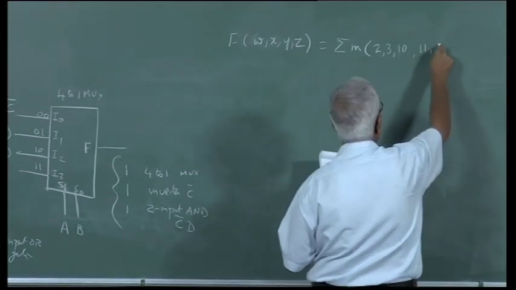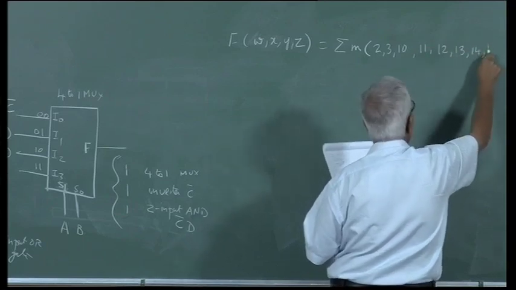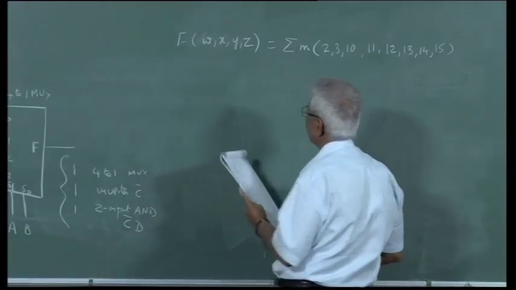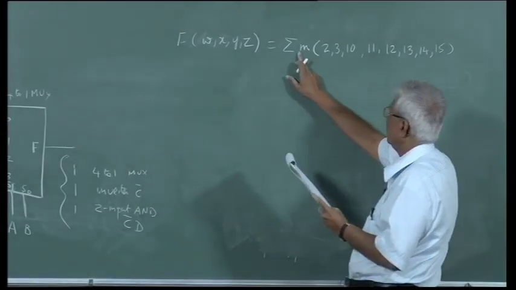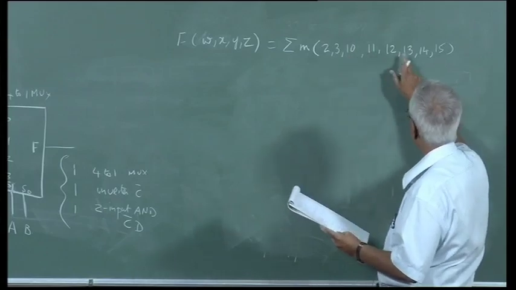I have a function with 4 variables w, x, y, z. Sum of min terms is 2, 3, 10, 11, 12, 13, 14, 15.